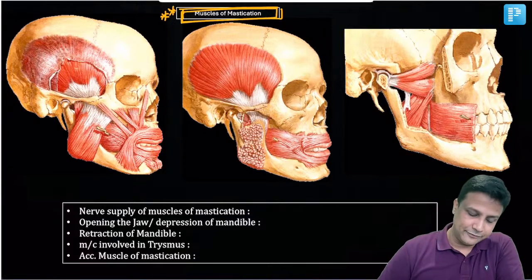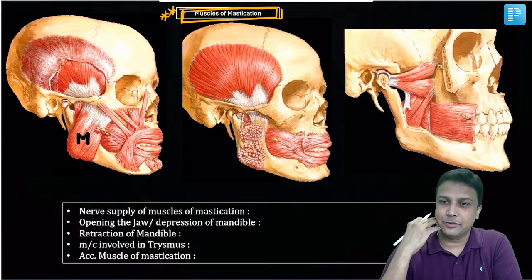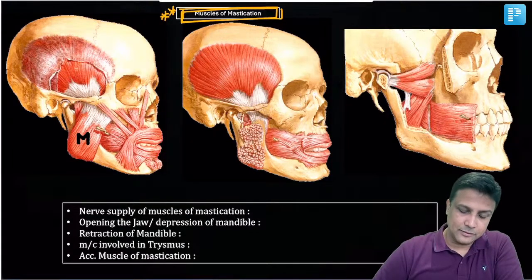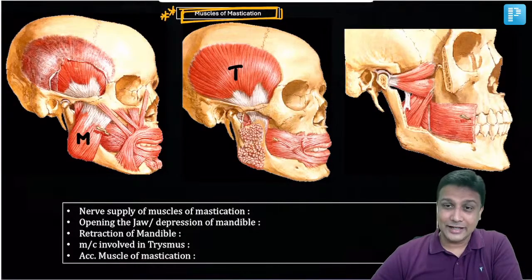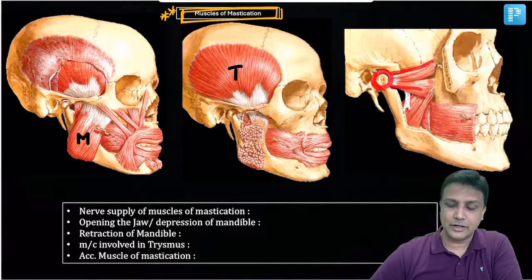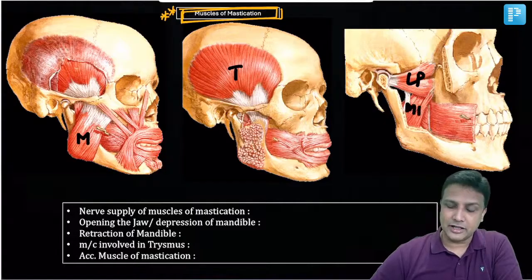First, you should be able to identify this one here will be the masseter muscle, attached to the ramus of the mandible from outside. This one here will be the temporalis muscle, and then the lateral pterygoid and the medial pterygoid. Remember this very carefully. The muscle which will be actually attached to the capsule of the temporomandibular joint here, this one here will be the lateral pterygoid muscle, and another one here will be the medial pterygoid.